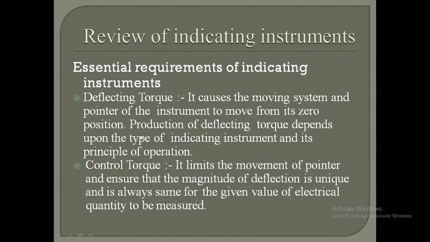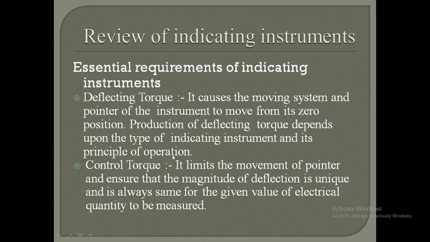So basically deflecting torque and controlling torque are opposite to each other. When deflecting torque occurs from the zero position to full scale deflection, at that time controlling torque will occur on the opposite side, making the pointer stay at the desired position, right? So in between you can take the values.